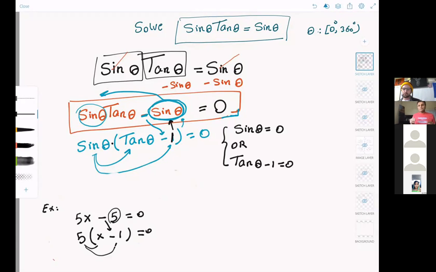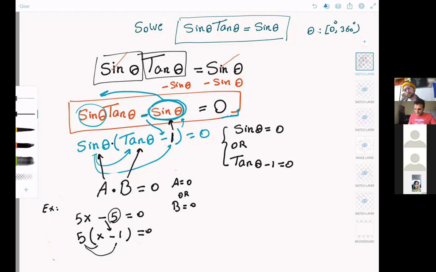Same as before, when we factor, we said each piece should be 0. Actually that's a property in algebra. If we have two numbers that you multiply, and you get 0, then one of them must be 0. A should be 0 or B should be 0. That's what I did. This is A, for example, this is B. So each parenthesis should be 0.